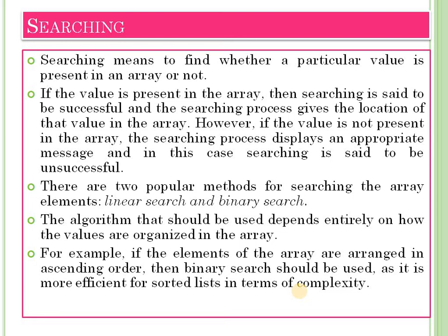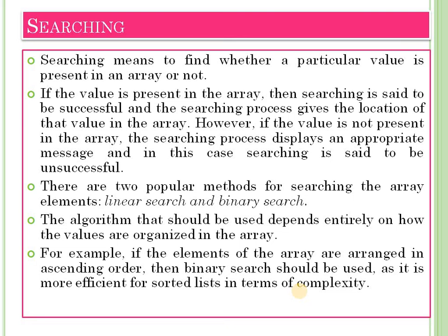Okay, the algorithm that should be used depends entirely on the organization of the array. In linear search, we do not need any specific type of array. We can say sorted or unsorted array, we can apply linear search.